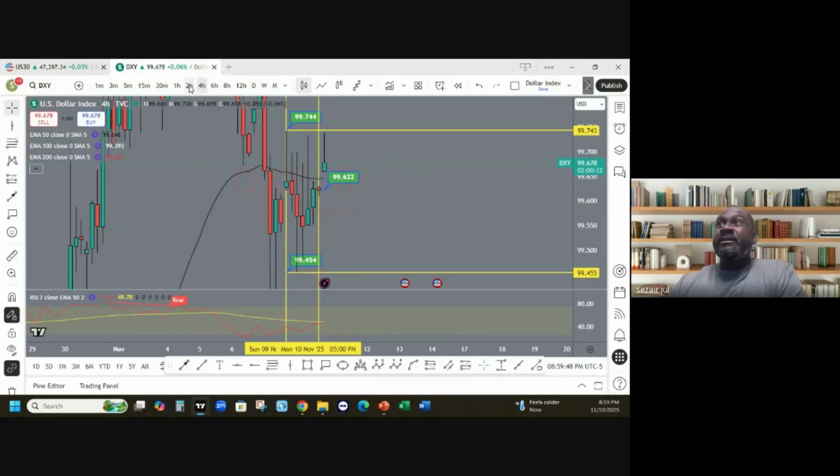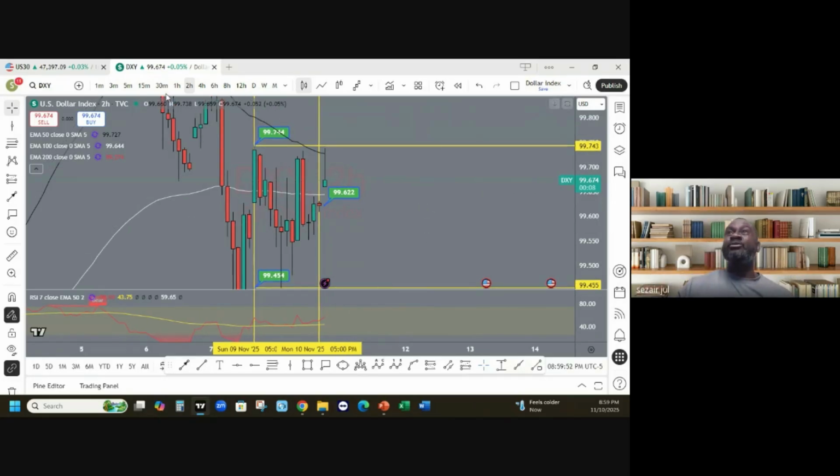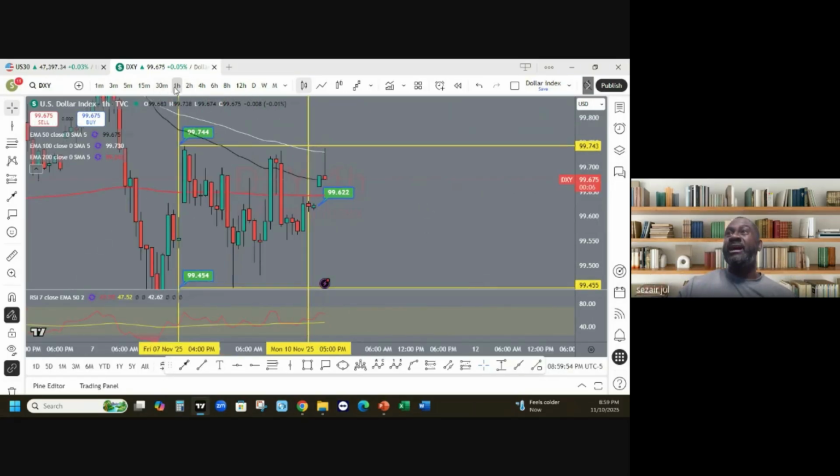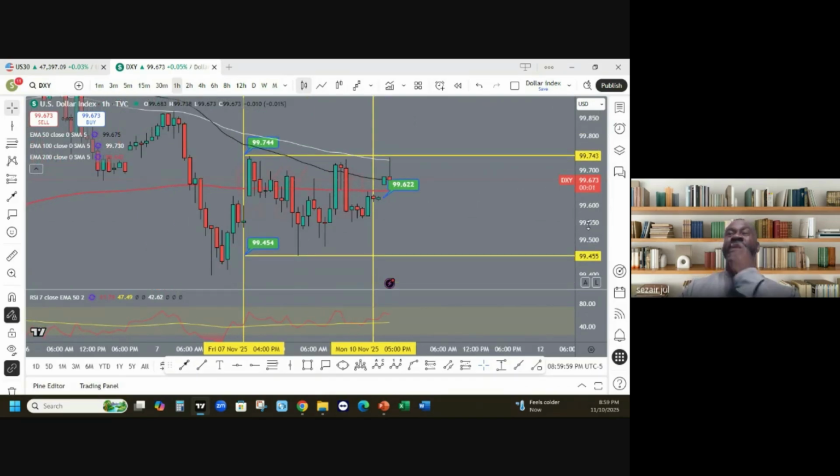Now this is a 1 hour time frame. So 24 candles. You see that? What happened to the US dollar today? 9 o'clock is here. Let's do it quick.